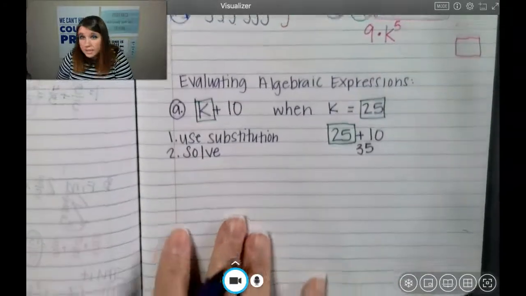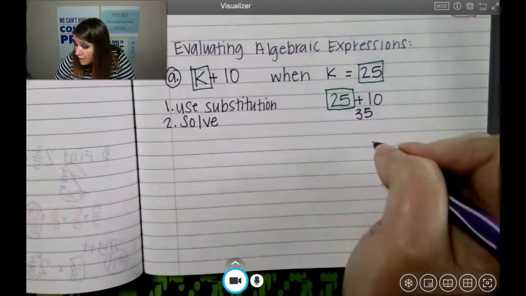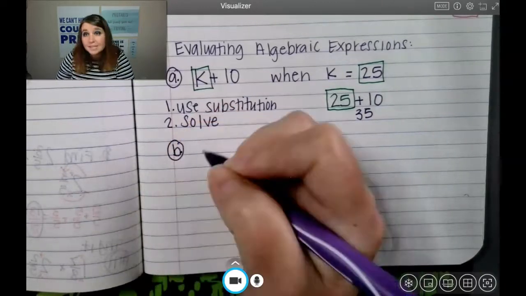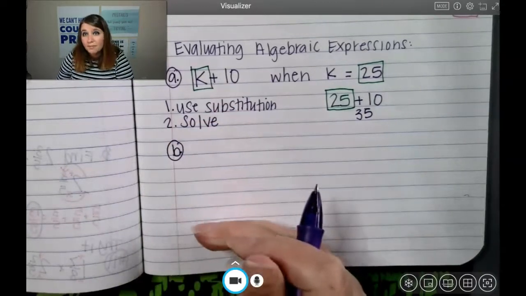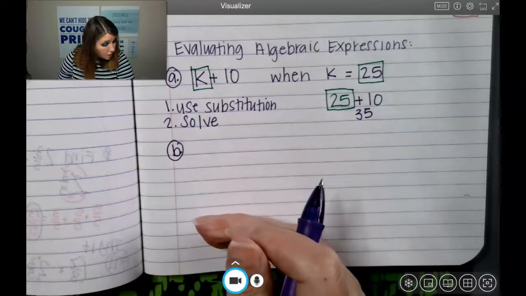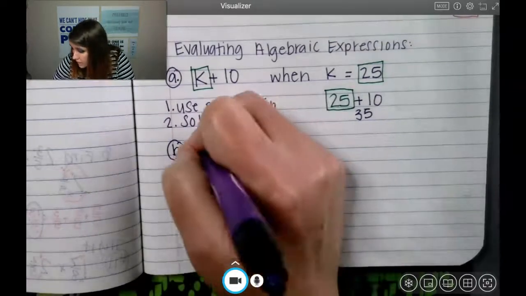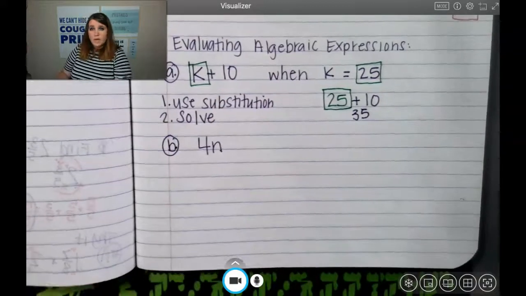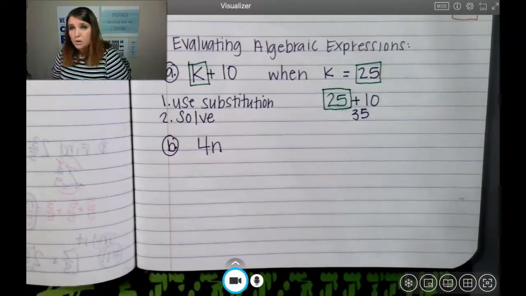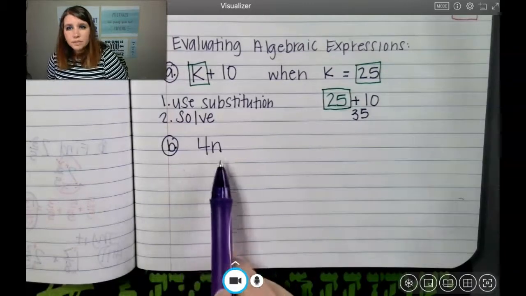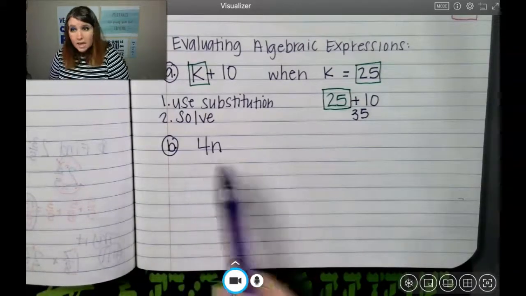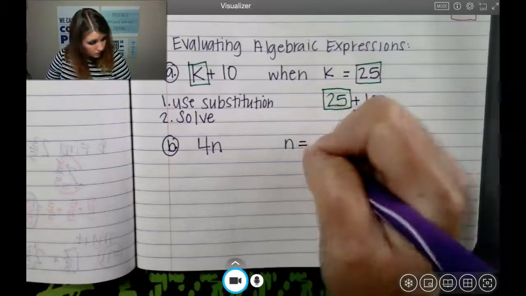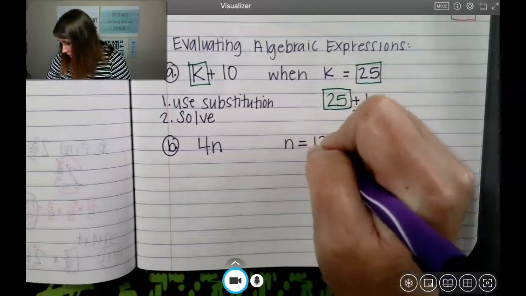Okay, let's do another one, because the values can change based on the letters and the problem. Because it's a new problem, the letter can have a new value. So let's do another one. This one says 4n. Okay, so let's think here. We have a number stuck to a letter, and it says n equals 12.